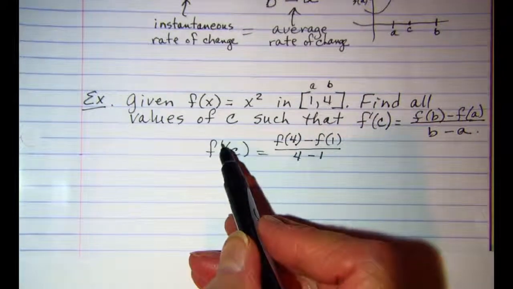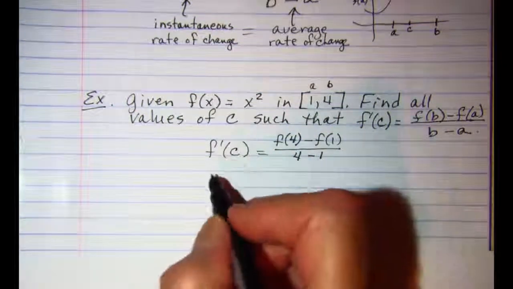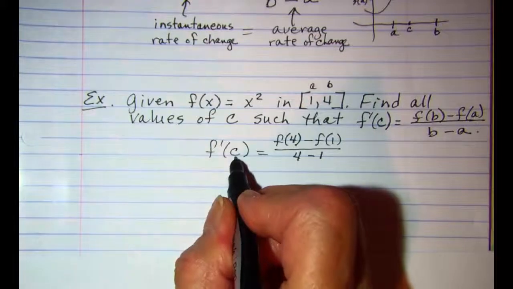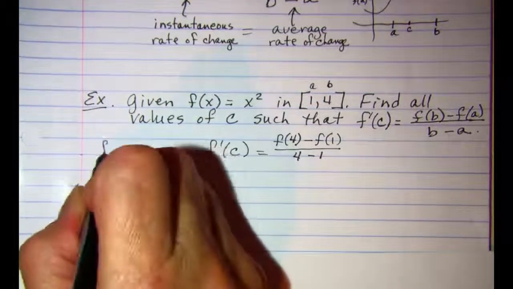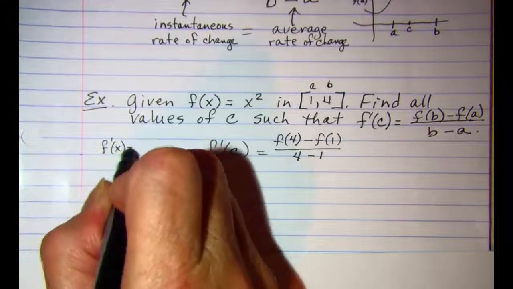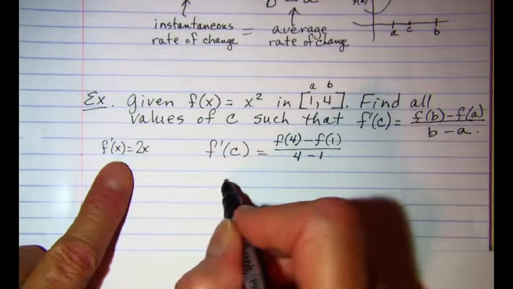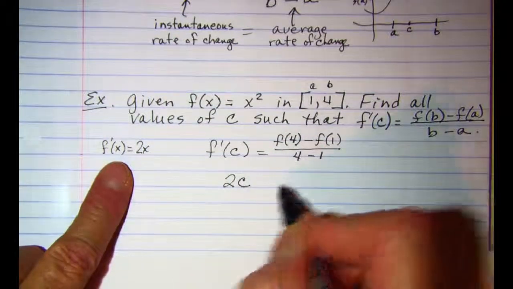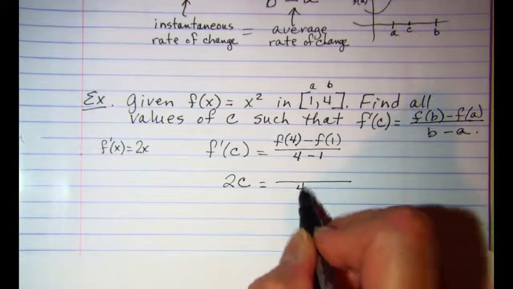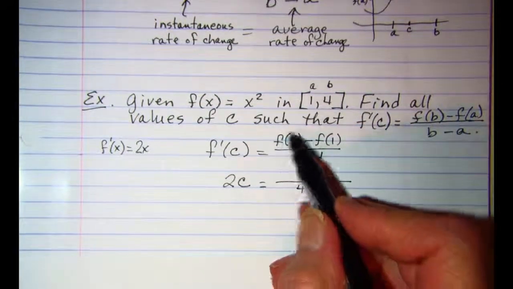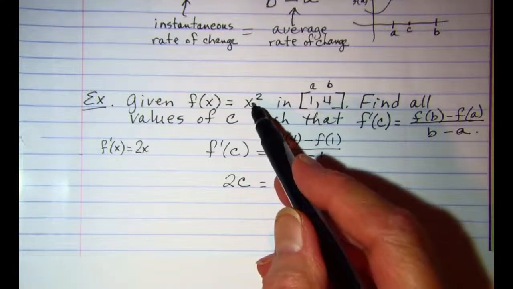Our derivative of f will be 2x, and so we want to put c into that derivative. f prime is equal to 2x, so f prime of c is going to be 2c, equal to f of 4 minus f of 1 over 4 minus 1. To evaluate f of 4, we're just going to put 4 into our function.